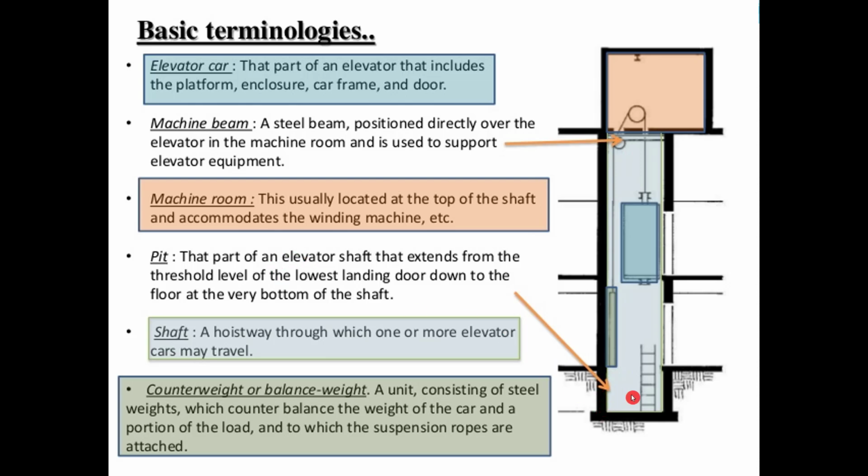Then the pit is the lowermost portion, the part of the elevator shaft that extends from the threshold level of the lowest landing floor. So suppose this is the lowest level of the lift. This region is called a pit, and you have the shaft to facilitate the movement of the lift, and also the counterweight or balance weight for balancing the weight of the car.